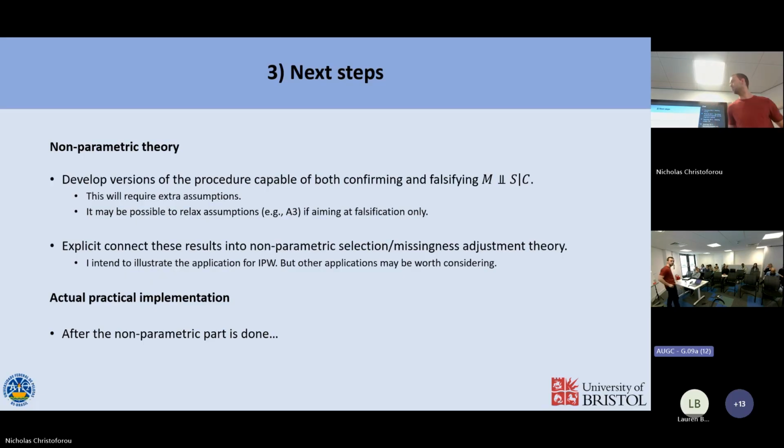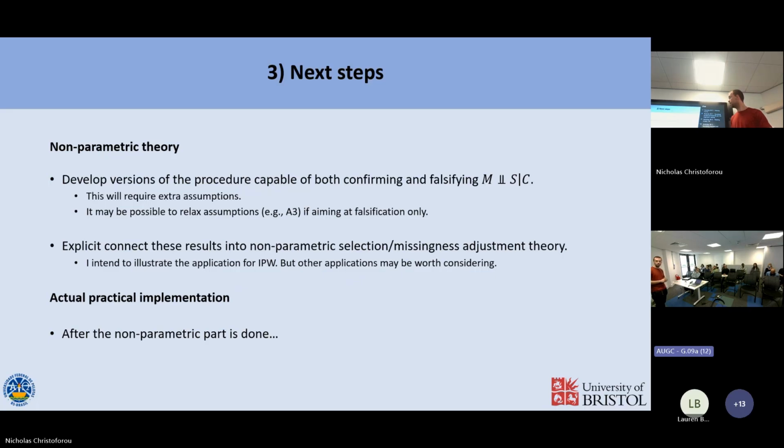So as next steps for this, there is more to explore here, even in the non-parametric setting. For example, I can try to check if I can use some extra assumptions to have a method that gives me stronger conclusions, or perhaps replace some of the assumptions I'm invoking with different ones to play with that a little bit.